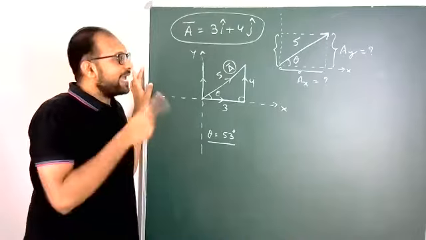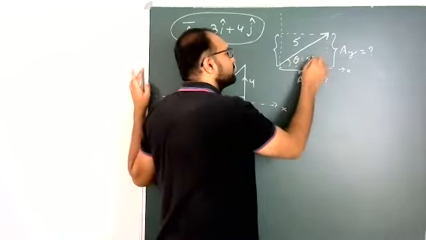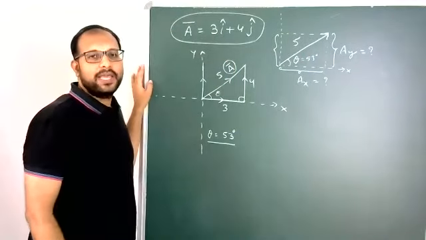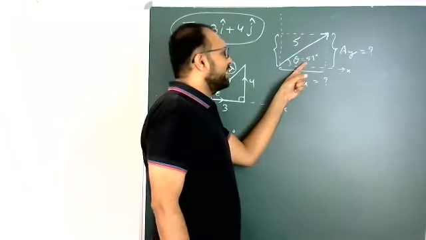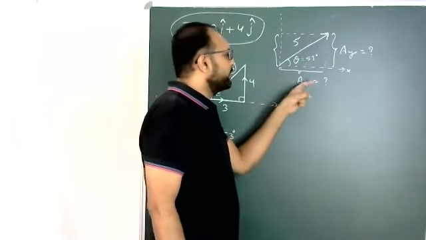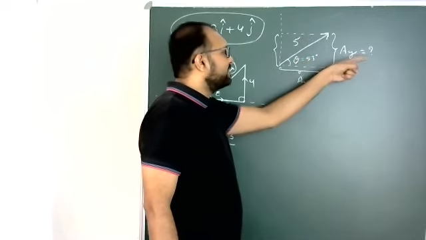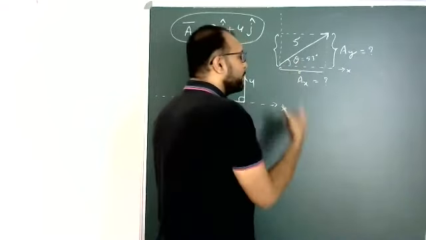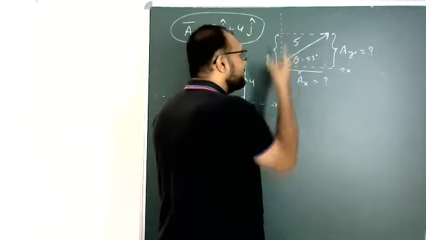The angle we know, that is 53 degrees suppose. And the magnitude, the hypotenuse, we also know, that is 5. From trigonometry, cos 53 equals adjacent divided by hypotenuse, and sin 53 is opposite over hypotenuse. That means from the cos component, cos theta equals Ax by A.